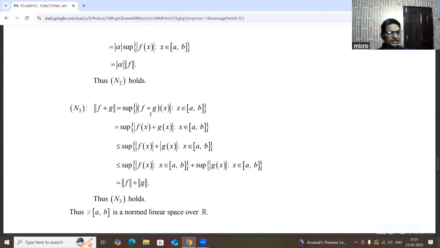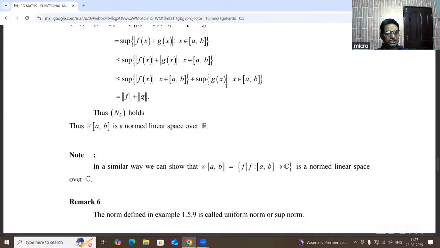The third condition is the triangle inequality. Applying the given condition, the norm of f plus g is the supremum of mod f plus g of x. That can be written as at most the supremum of mod f(x) plus the supremum of mod g(x), which means the norm of f plus the norm of g. So the N3 condition holds good.